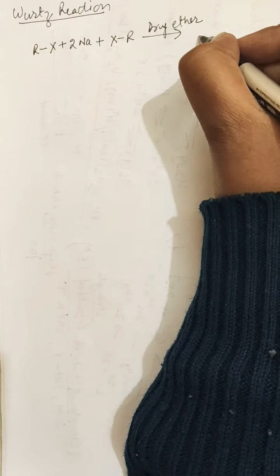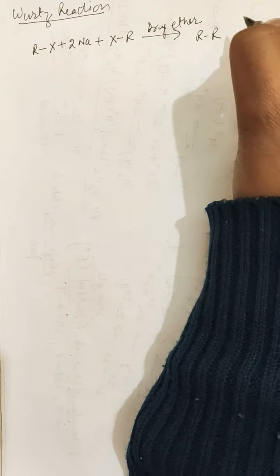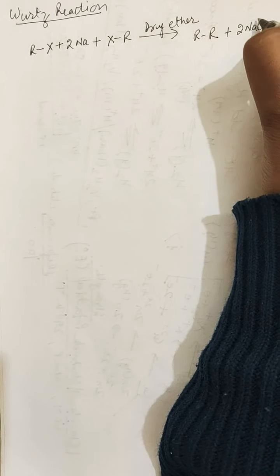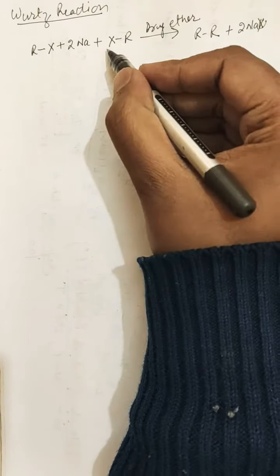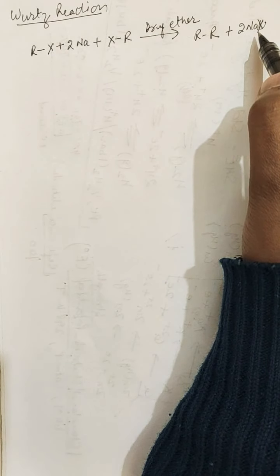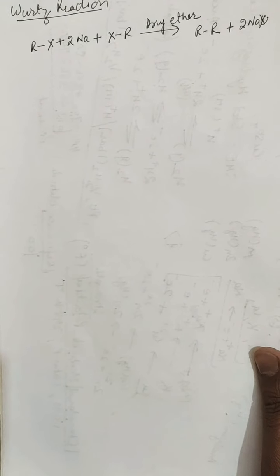So this is the alkane formed plus 2NaX. If X is chlorine, then two molecules of sodium chloride will be formed. So what is happening here in the Wurtz reaction?